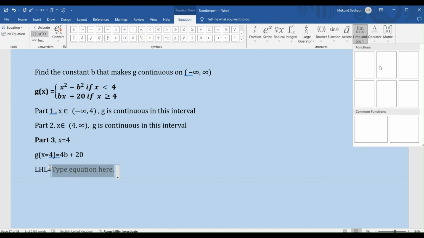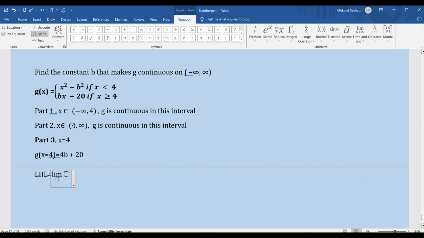It calls for calculation of limits as x tends to 4 minus, right? And what is it that we have? We have our function x squared minus b squared, right? And when x approaches 4 from the left, we can substitute x with a value 4 minus h, the whole square. And what is our h?